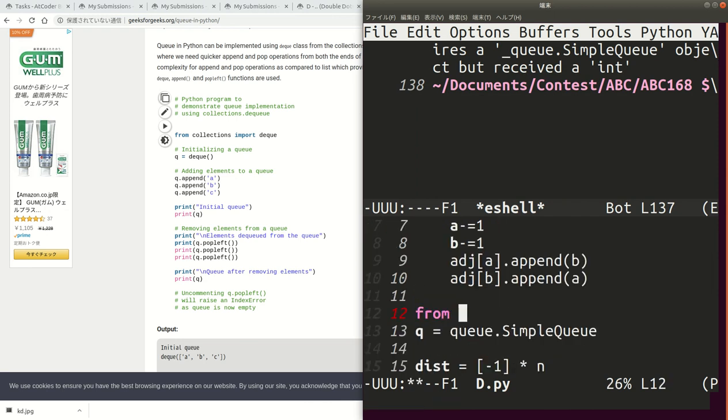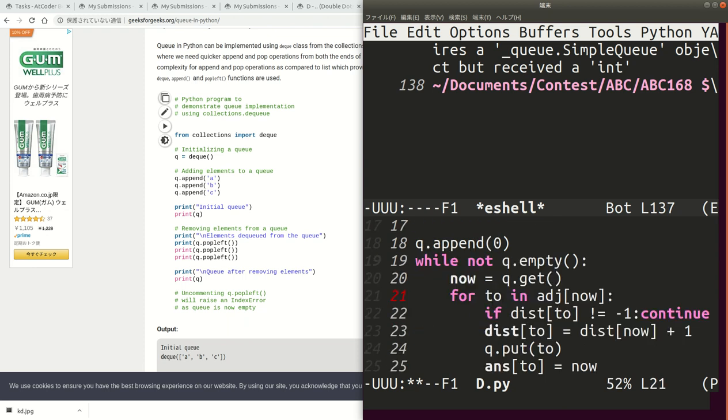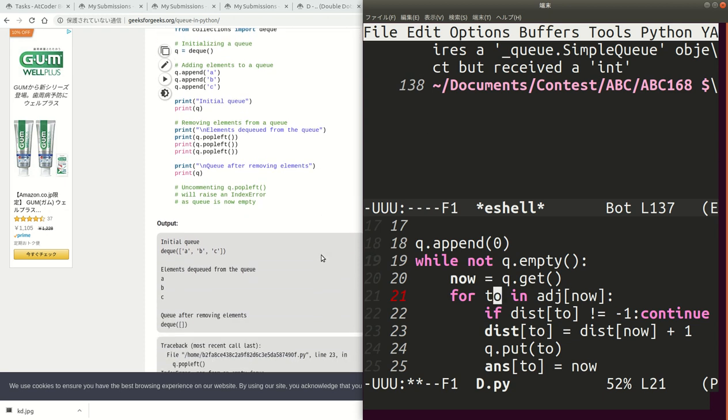From collections, import deque. Deque is initialized as a stack. And not put, append. Which is left and which is right? Append.